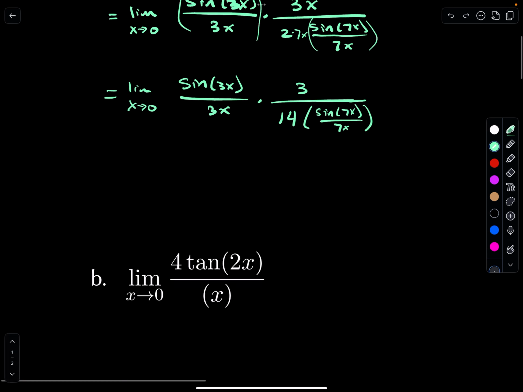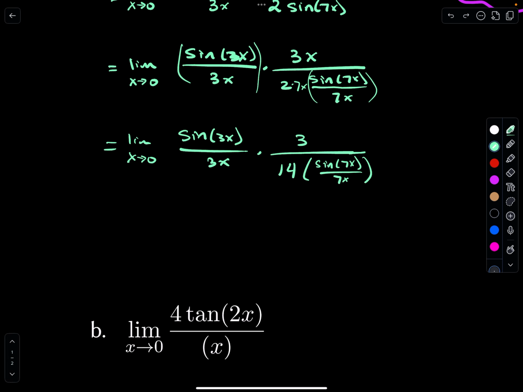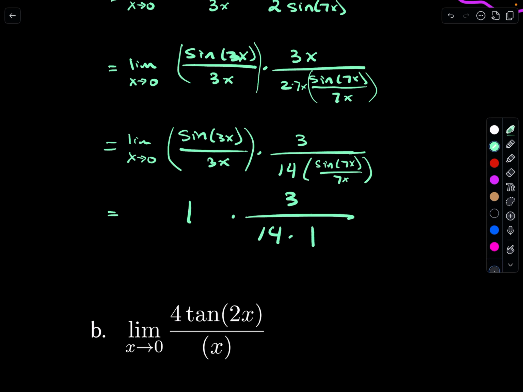There we go. But let's just all agree that since x goes to 0, 3x goes to 0, that you can rewrite this like this, that this will be 1, and this here will also be 1. And so the final answer here is just 3/14.